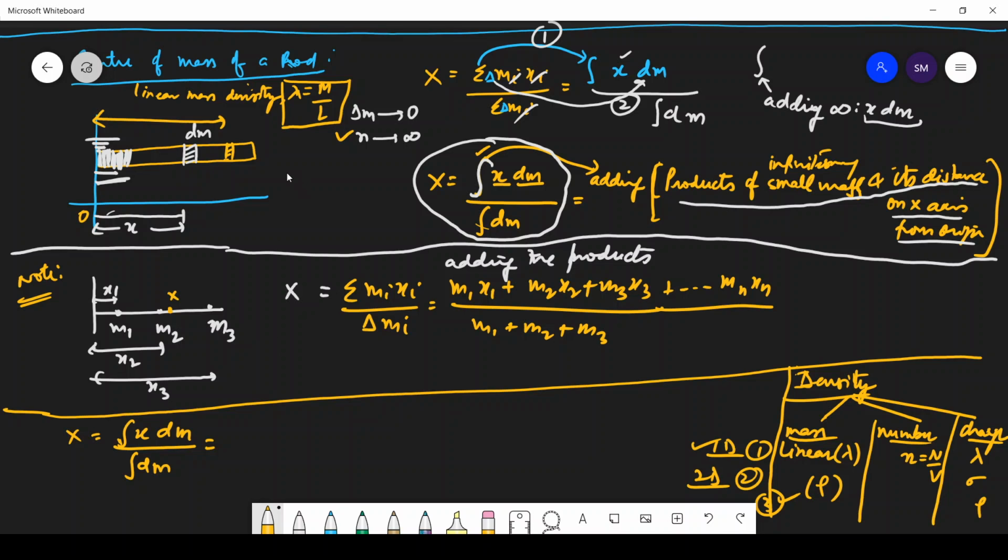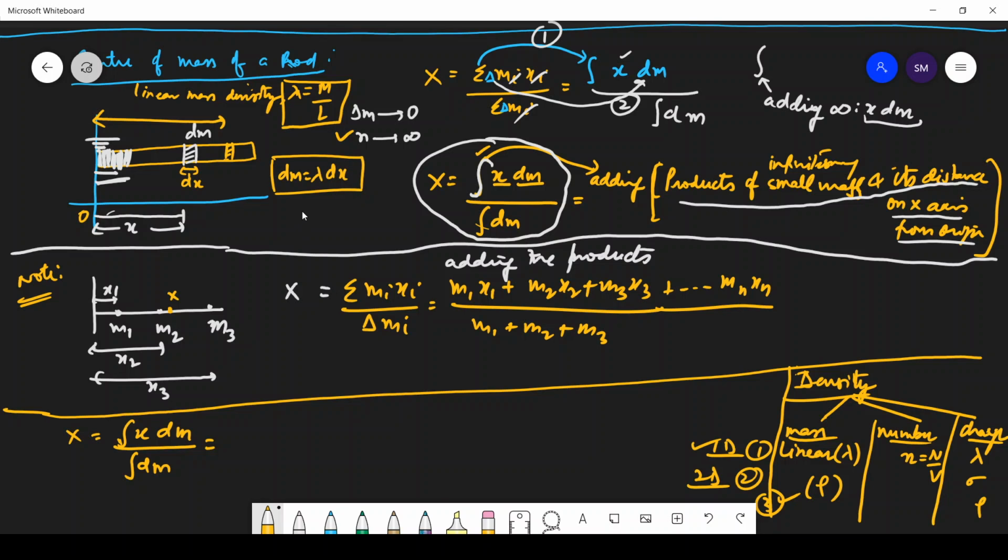So when you are finding the mass of dm, you are simply multiplying the density by the length. Suppose this length is dx. What is this length? dx. So dm equals this length into the linear mass density, so lambda dx.